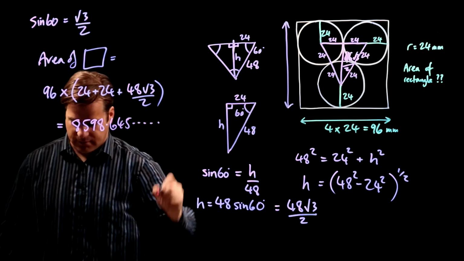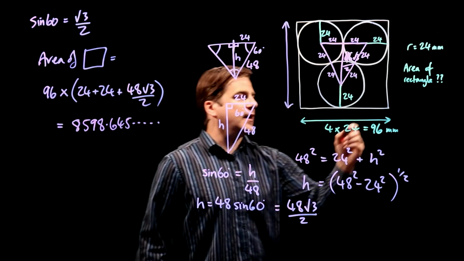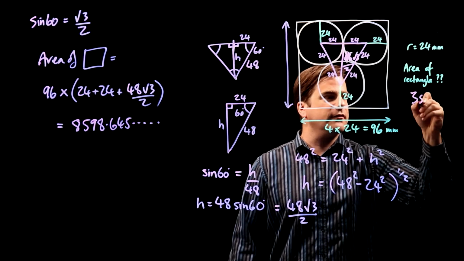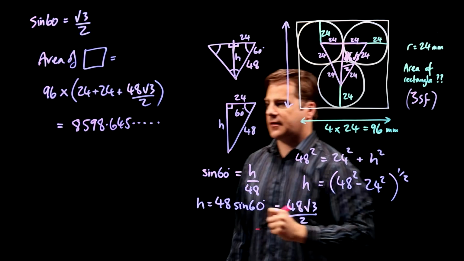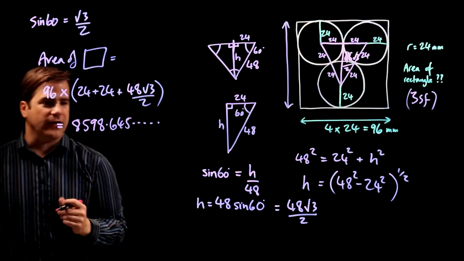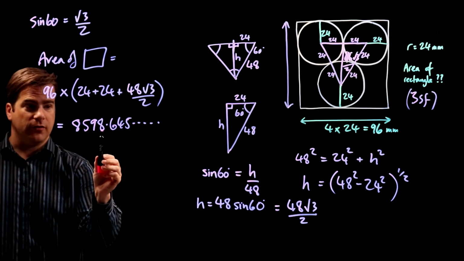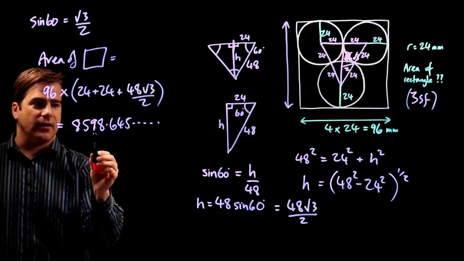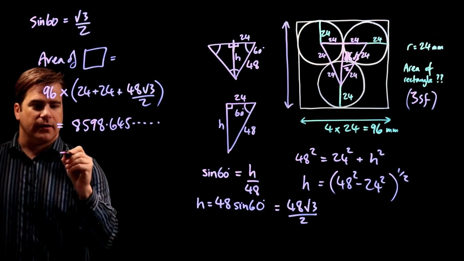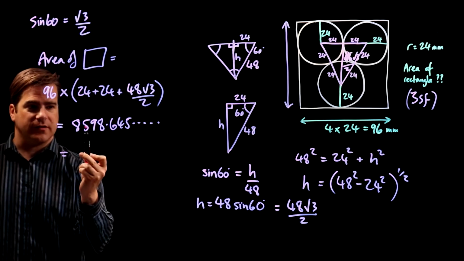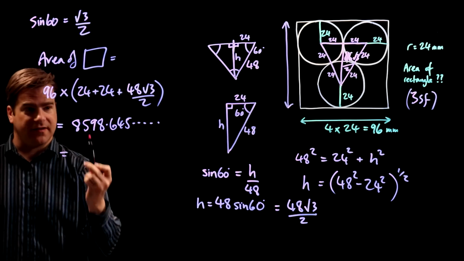8598.645 something something something. Area of rectangle, it wants your answer to 3 significant figures. Forgot to write that, okay? So this to 3 significant figures. 1, 2, 3, okay? So you look at the fourth figure, 8. That pushes that 9 up to a 0, and which in turn pushes that up to a 6 because it pushes the 59 up to a 60.